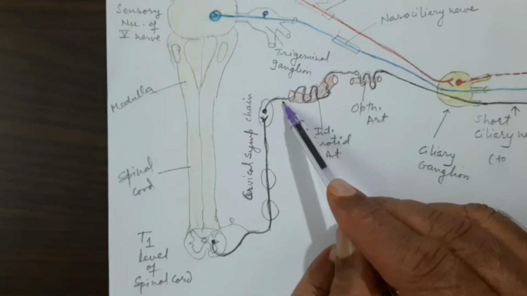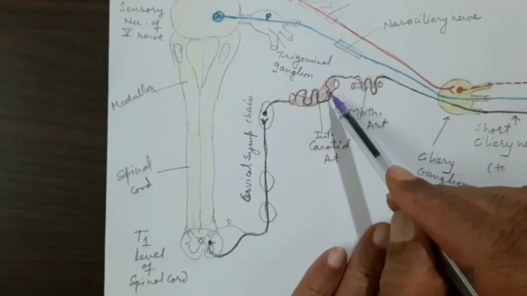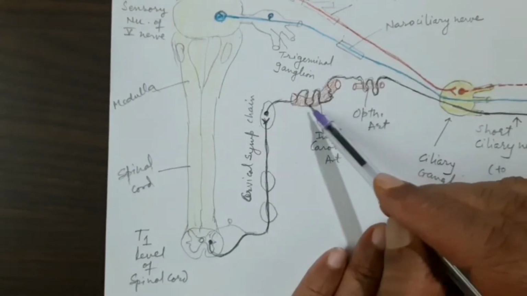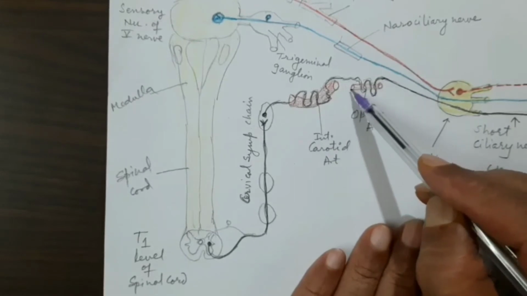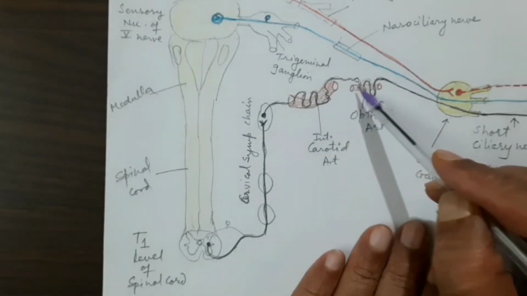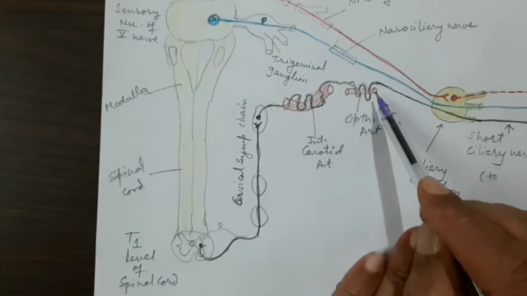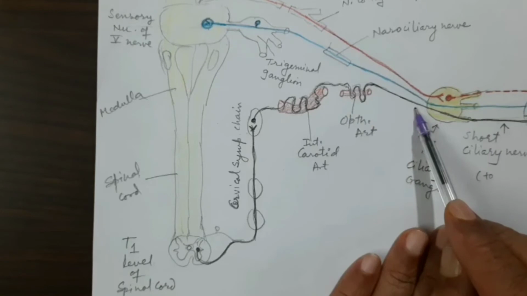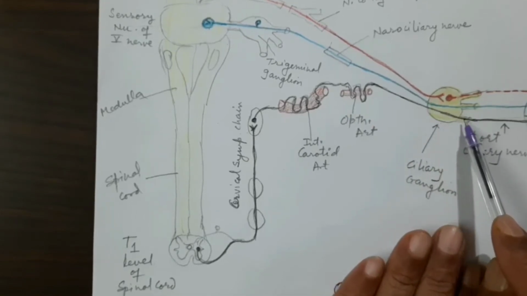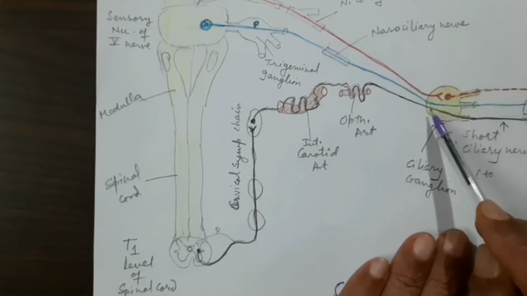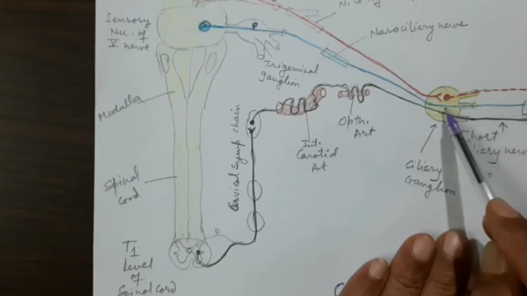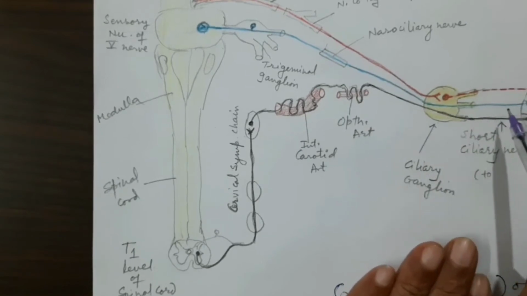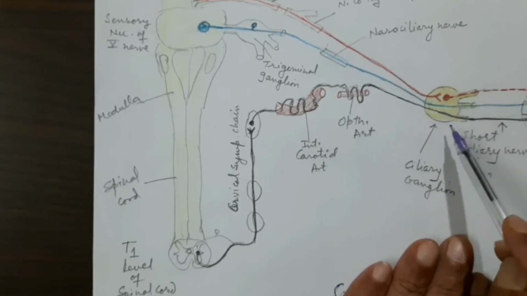The axons of the postganglionic fibers first jump to the internal carotid artery, which is very close to the sympathetic ganglion here, and then when it gives a branch, the ophthalmic artery, this plexus continues on the ophthalmic artery, and thus it comes to the orbit, and from there these sympathetic fibers also cross the ciliary ganglion.